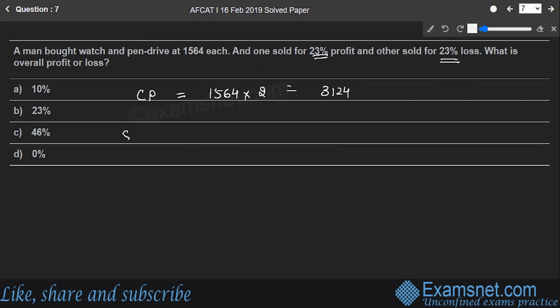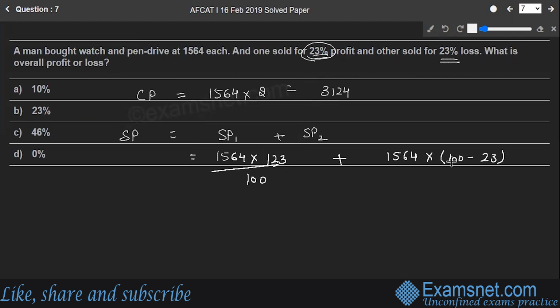So the selling price is the selling price of watch plus the selling price of pen drive. For the first one, sold for 23% profit, this will be cost price multiplied by 100 plus profit percent, that is 123 upon 100. Similarly, 1564 multiplied by 100 minus 23.